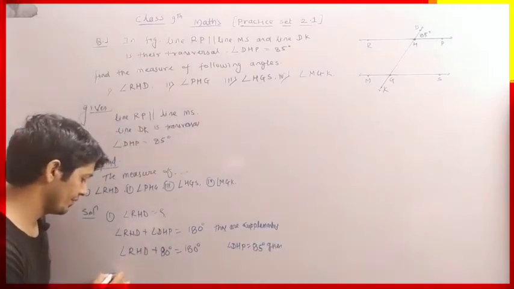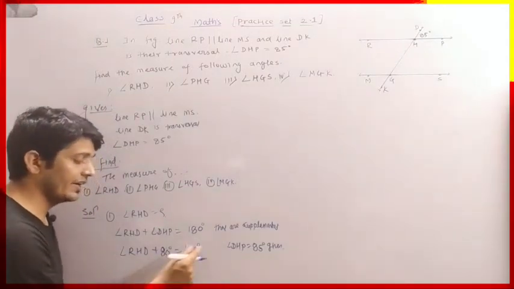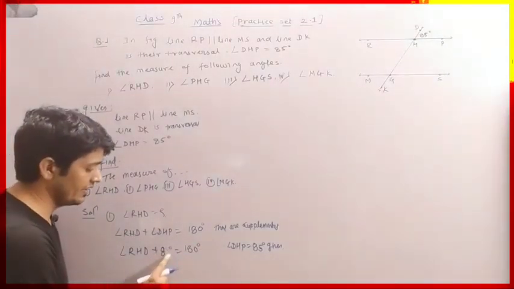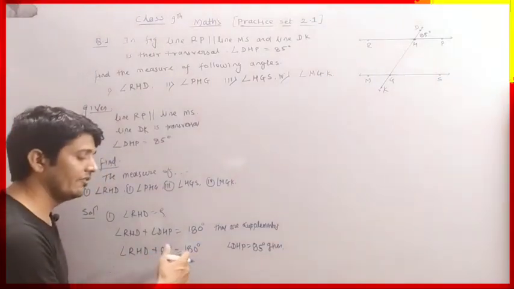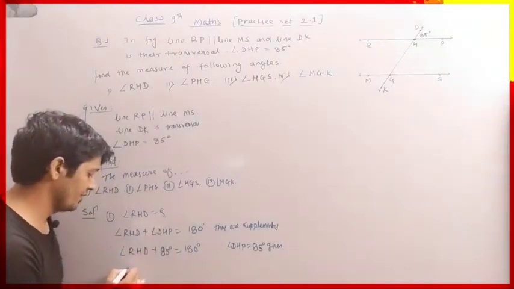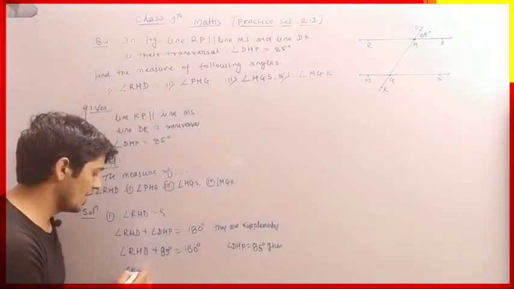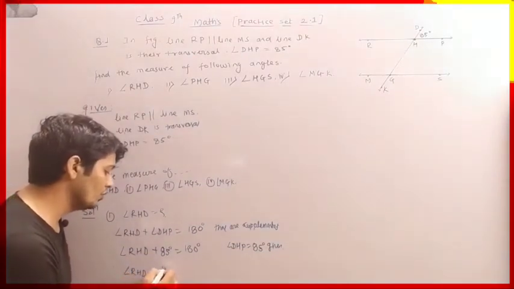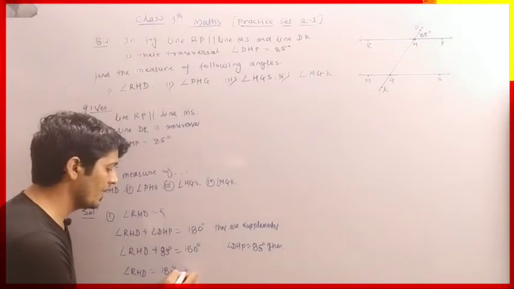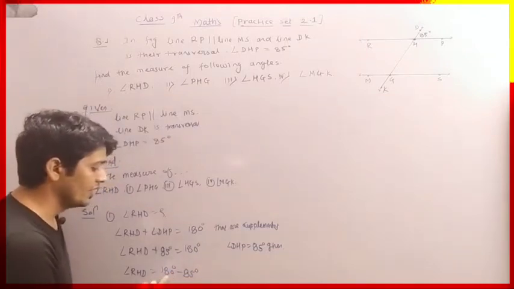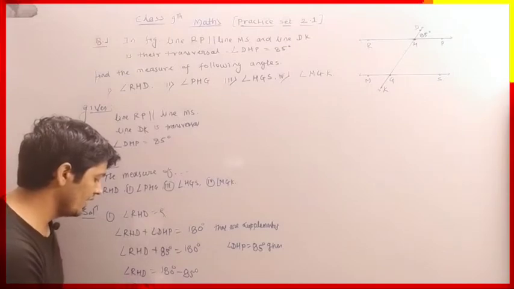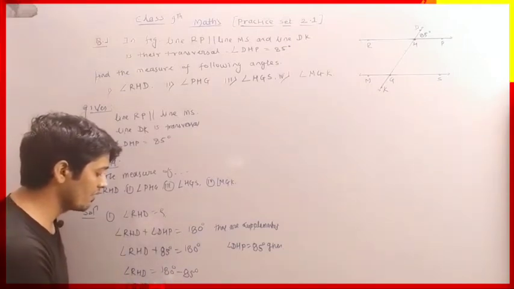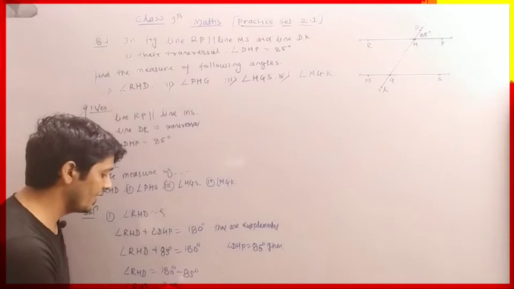Therefore, we have to transfer this 85 degrees to the other side, and then we will subtract, then we will get the answer. So angle RHD equals 180 degrees minus 85 degrees. If we subtract, angle RHD equals 95 degrees.